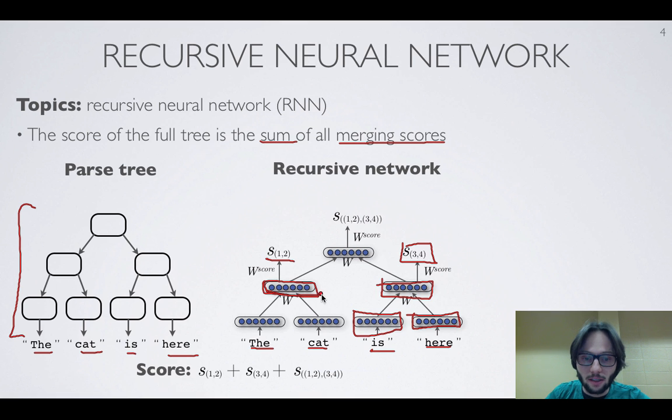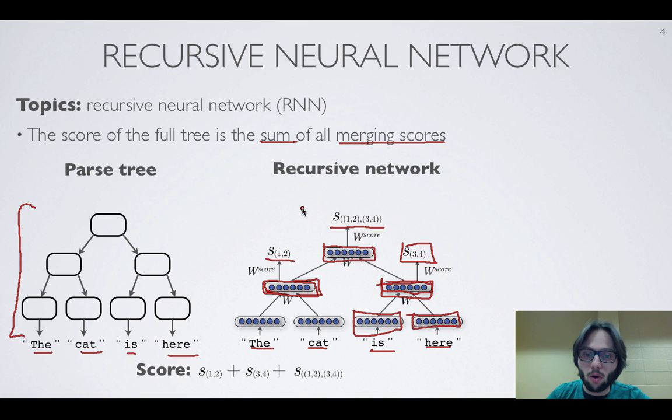So we're merging this representation and that representation by concatenating them, multiplying by W, applying a sigmoid, which gives us this vector. And from that vector, multiplying by W score gives us the score for that merge, which I'm calling S(12)(34). So we see that the index is essentially a representation with parentheses of the actual tree. That's the notation I'm using here.